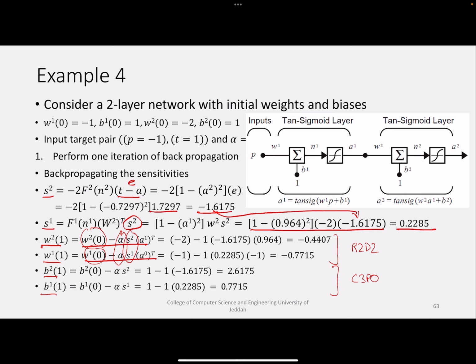We have the new sensitivities, and we have outputs from each layer. So it's a lot of math to do on a calculator, but easily enough done. And for updating the bias values for both layers, that's slightly simpler than that, but done the same way.